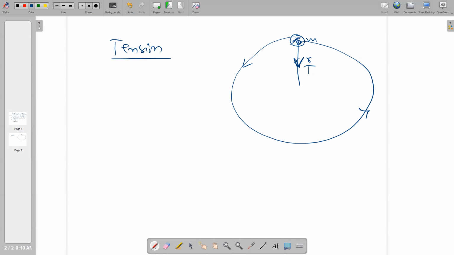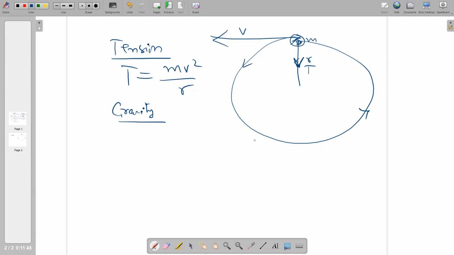Actually, the mass wants to move in this direction. But who is responsible to move it in a circular track? That is the tension force, and this is equal to mv square over r. If m is the mass and r is the radius or the length of this string, and v is the velocity or speed of this mass. That is one example.